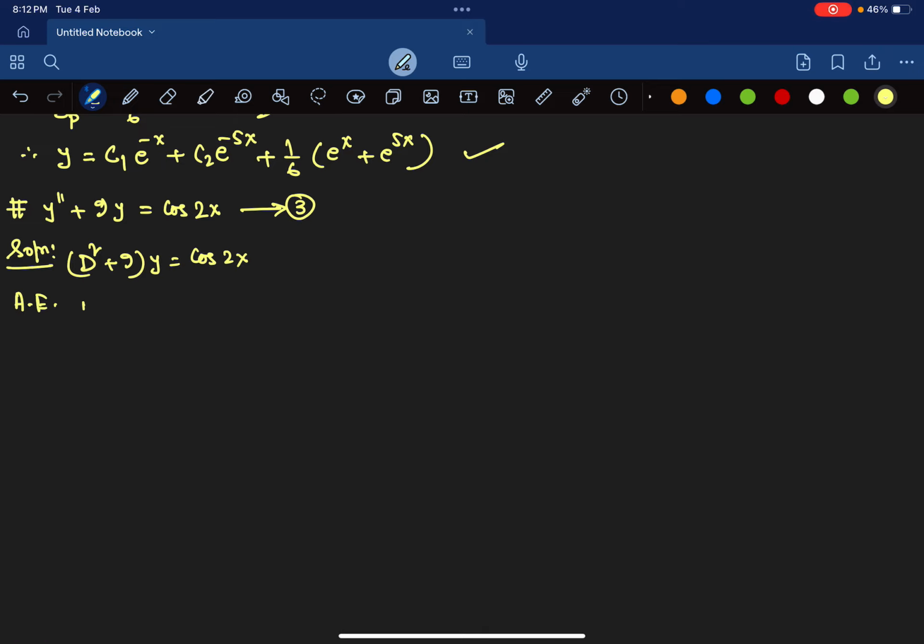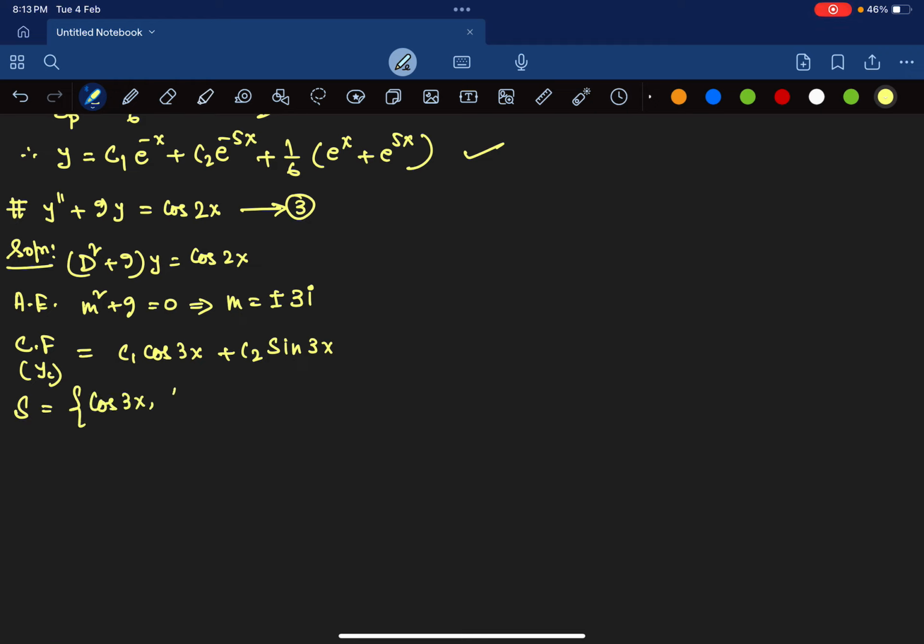Okay, so the auxiliary equation you can write: m square plus 9 is equal to 0. So here m is equal to plus minus 3i. So the complementary function, that is yc, can be written as c1 cos 3x plus c2 sin 3x. In the next step, write down the solution set S, which is going to be cos 3x and sin 3x.